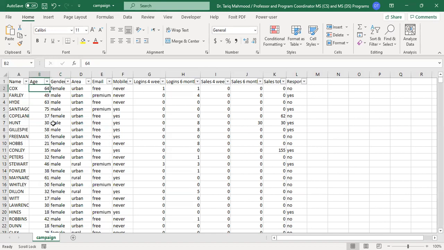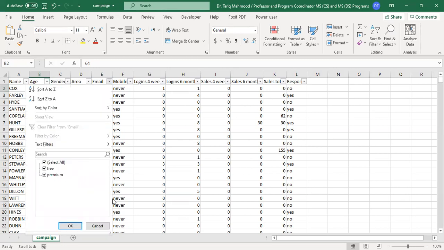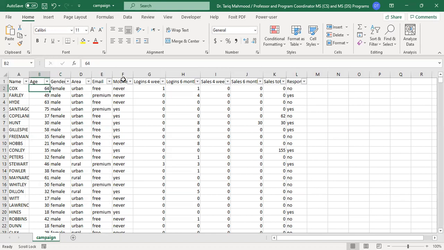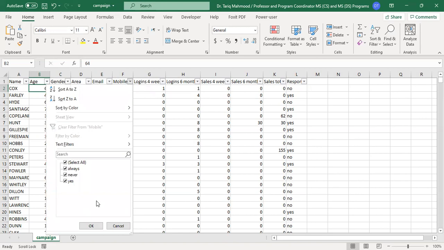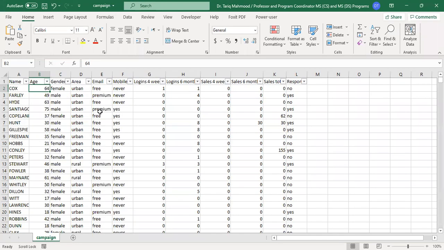And we have the age values, gender, area. So the people are taking 2 email packages, free and premium, and also have the mobile packages. Did they always have a mobile? Do they never keep a mobile, or do they have a mobile right now? Okay. So old user, very old user, something like that.